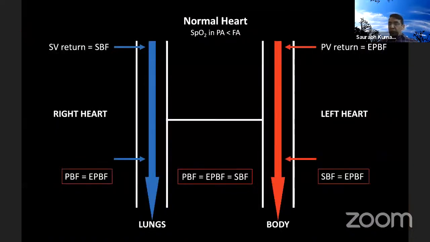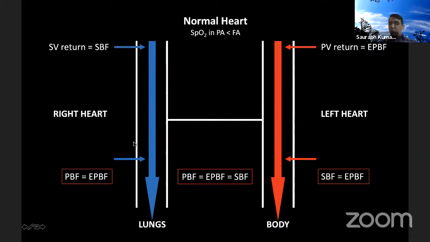Now, to again understand the flow of blood in these conditions, the blood which is coming from the systemic veins, which is systemic venous return, is actually destined to reach the lungs for oxygenation. And so this systemic venous return, in absence of any intracardiac shunt, is equal to systemic blood flow, and is also equal to pulmonary blood flow.